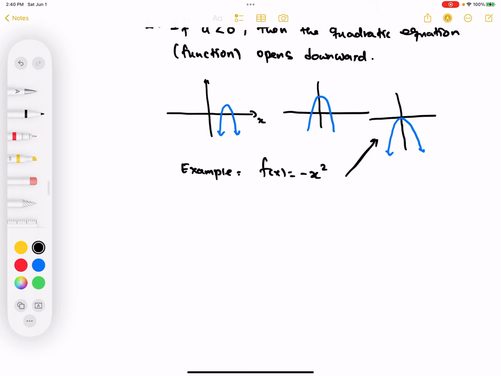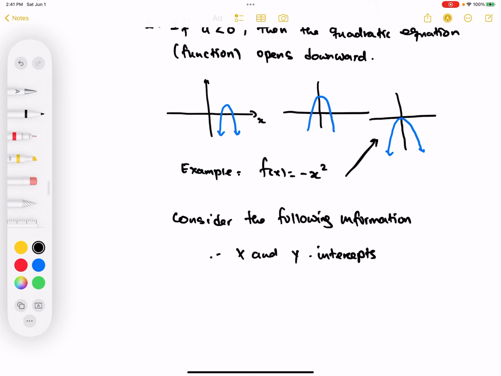When you analyze a quadratic function, you have to consider the following information. The first one is the x and y intercepts.